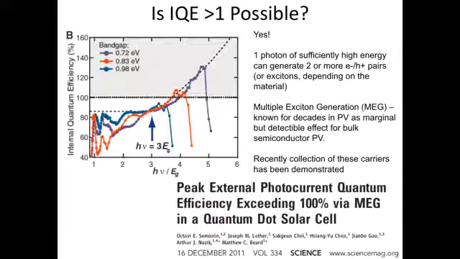Yeah, sure. There's a few ways. It's known as multiple exciton generation. The idea is that one photon can generate 2 electrons, so that you could push the quantum efficiency higher than 1.